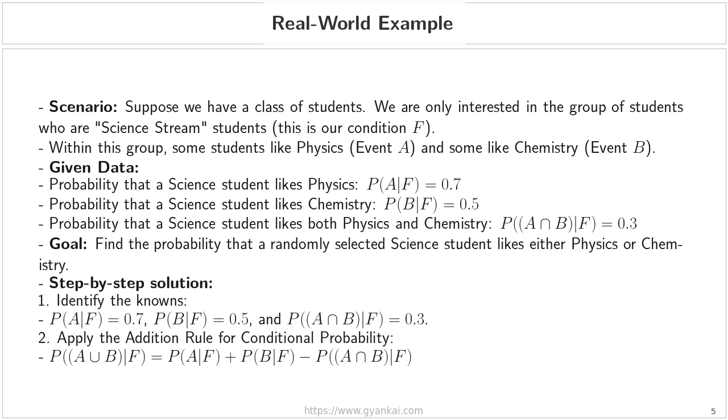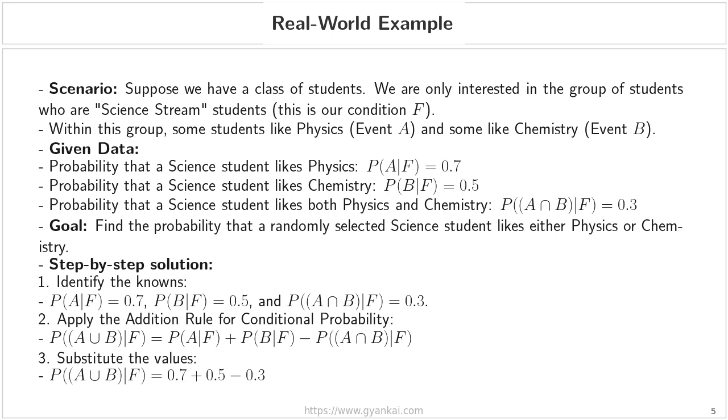Step 2, we apply the addition rule for conditional probability that we just studied. The formula is the probability of the union of A and B, given F, equals the probability of A given F, plus the probability of B given F, minus the probability of the intersection of A and B, given F. Step 3, now, we simply substitute our known values into that formula.